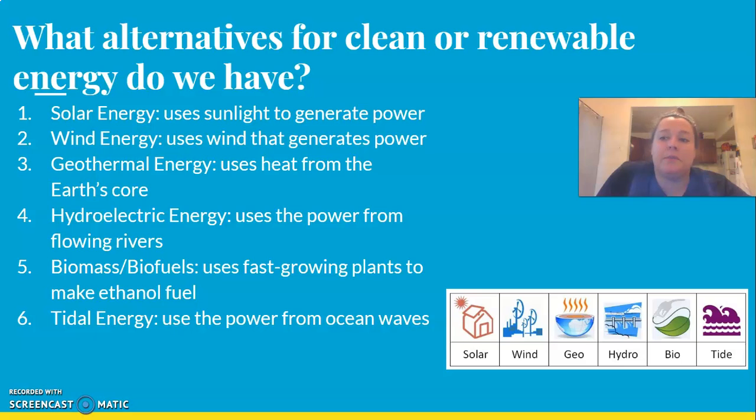And to get people to use them, we would have to change our infrastructure that we currently have. So that's where the government needs to come into place to make these decisions for us. Right now, of all of our energy sources, about 10% comes from renewable.